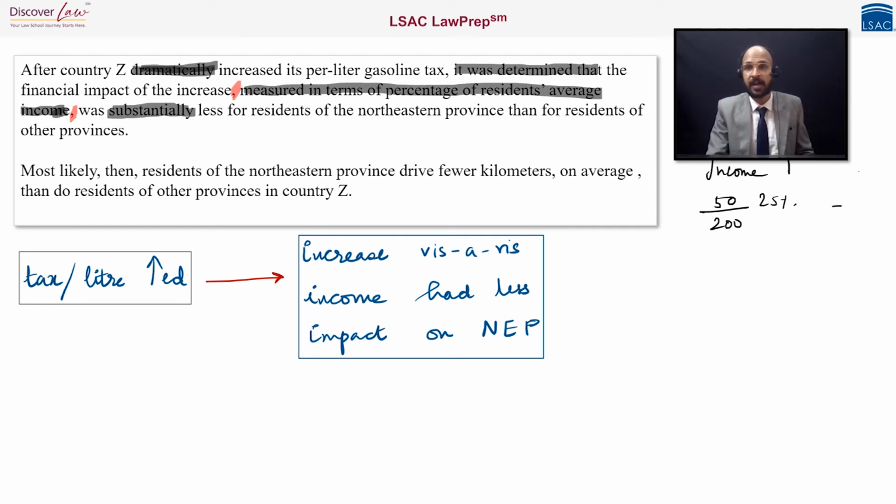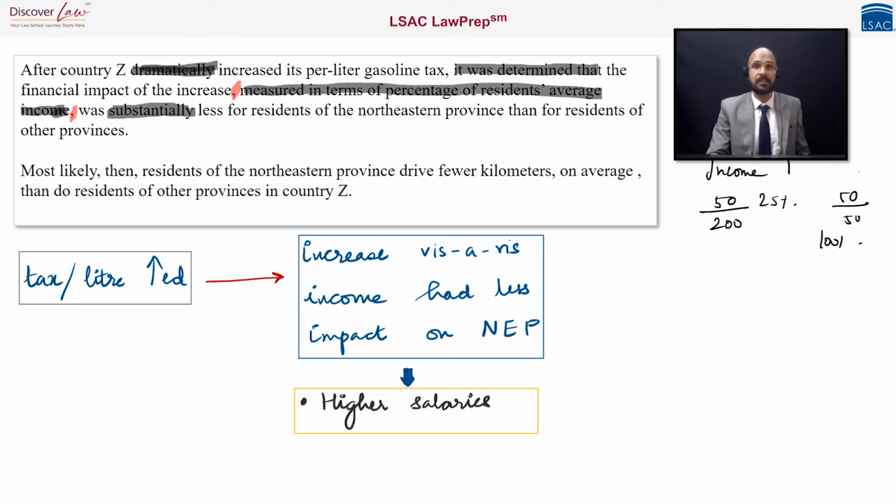But if you have only 50 rupees with you and there's an increase of 50 rupees, that's a 100% increase. So the first reason why it could be less is that the people in the NEP have higher salaries. The second reason is, let's say two people have similar income. Let's say both of them have 100 rupees.